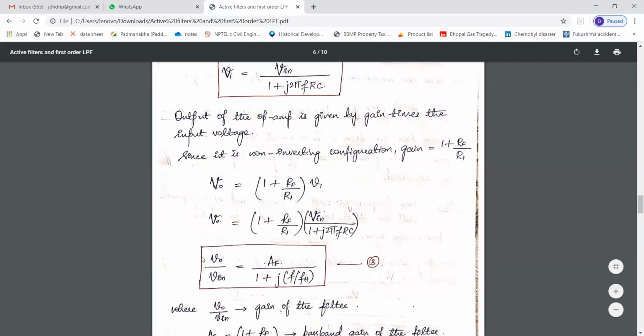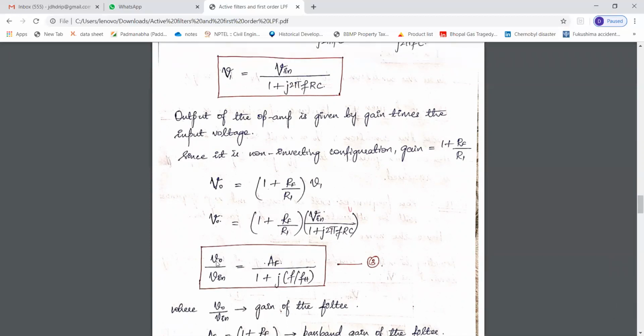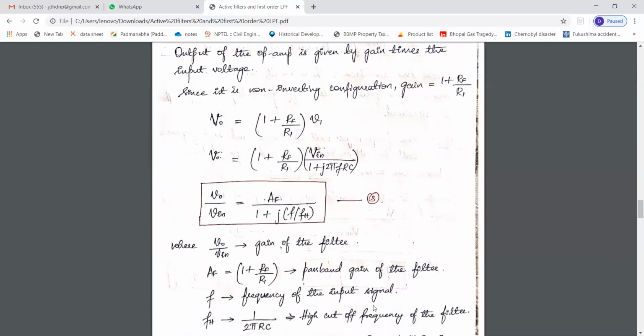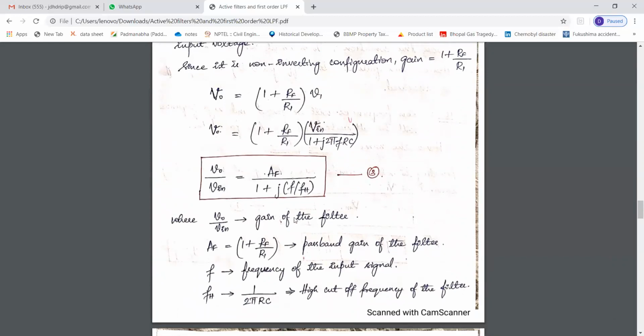That is equal to the gain of the total circuit, meaning the gain of the filter. So this is given by AF by 1 plus J into F by FH, where V naught by V in is the gain of the filter, AF is equal to 1 plus RF by R1, F is the frequency of the input signal, and FH is the high cutoff frequency of the filter, given by 1 by 2 pi RC.